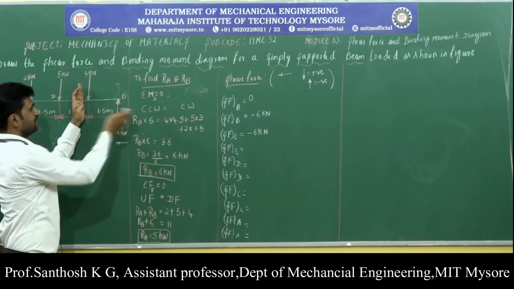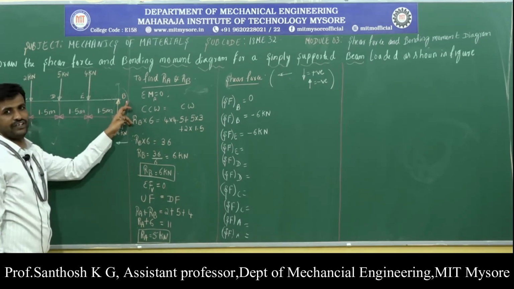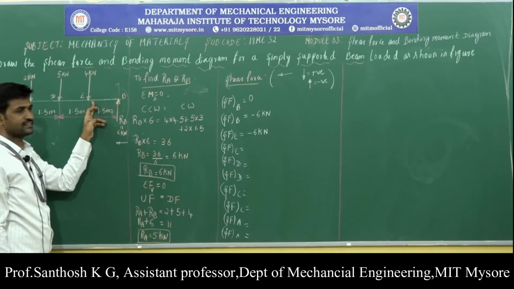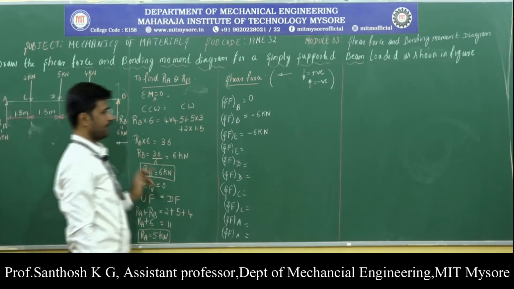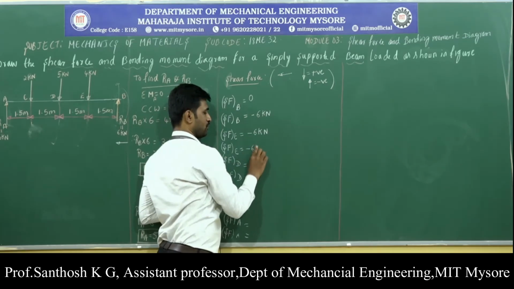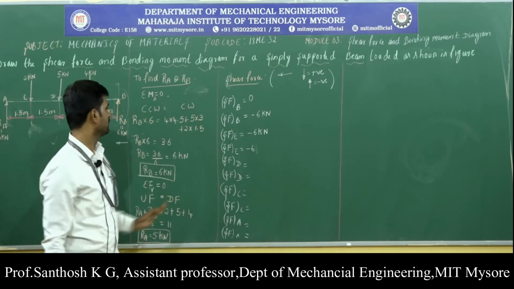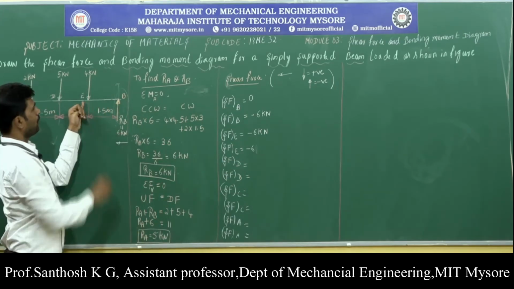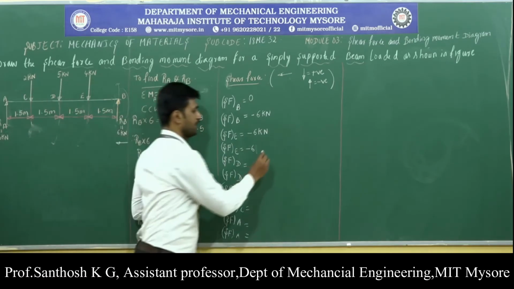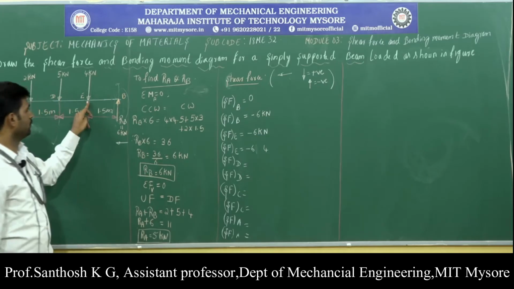Now, if you consider the shear force that is acting at point E, when you move from right side to left side, we get two shear forces, one is at B and another one is at E. At B, we are having a shear force of 6 kilonewton which is acting in upward direction, therefore I have written it with the negative sign. But if we come to point E, we are having a shear force of magnitude 4 kilonewton.